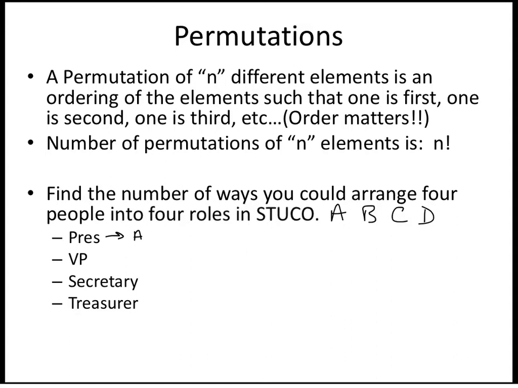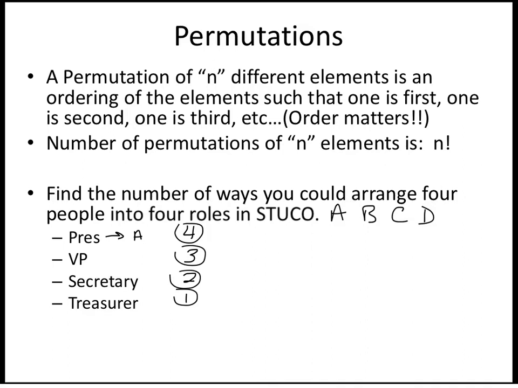So the only people left to fill vice president are B, C, or D. Now I could have used any of the first 4 people to fill the first slot. But by the time the first slot is filled, I've only got 3 left for the second slot. I've got 2 left for the third, or for secretary, sorry, and 1 left for treasurer, right?